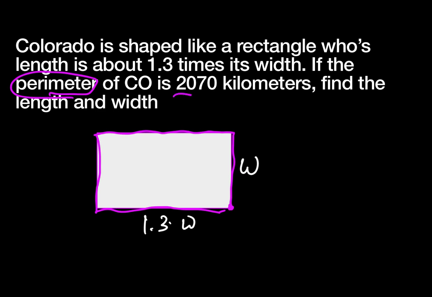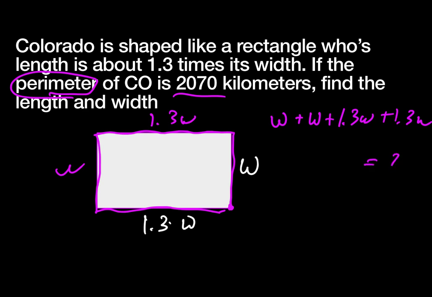And my perimeter is 2,070 kilometers. Which means it's a width plus a width plus a 1.3 W plus a 1.3 W. Adding all those lengths up gives me the full perimeter, and that should equal 2070.